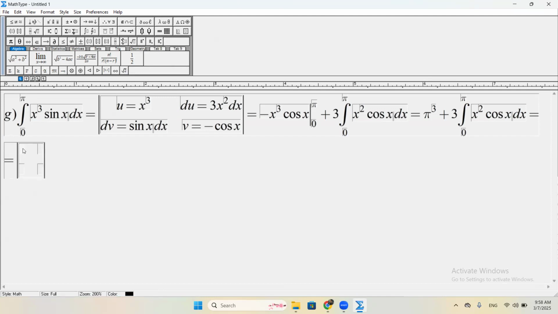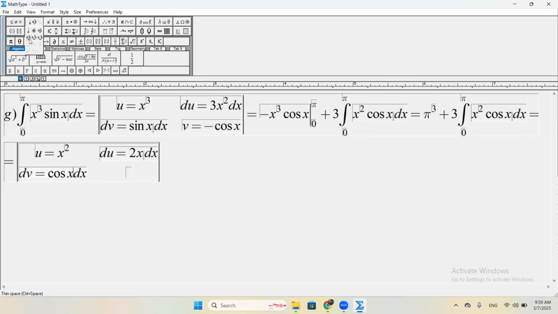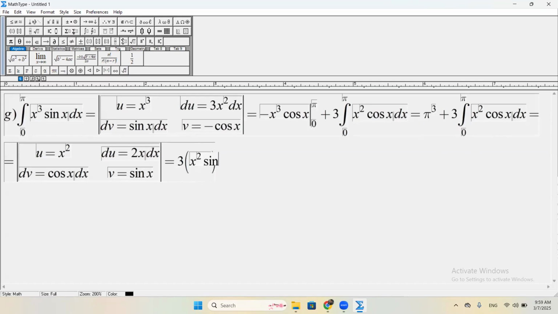Now u equals x squared, du equals 2x dx, dv equals cosine of x dx, and v equals sine of x. So we have the following expression: x squared multiplied by sine of x with substitutions from 0 to pi.